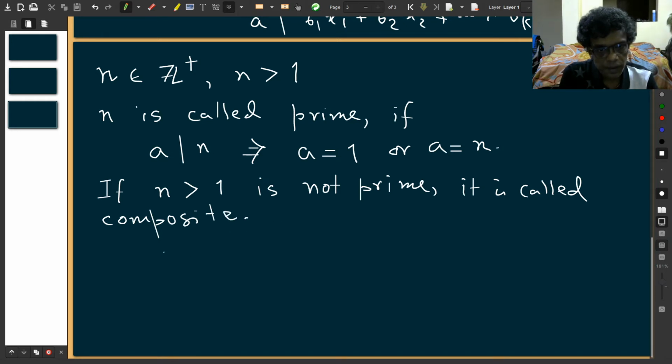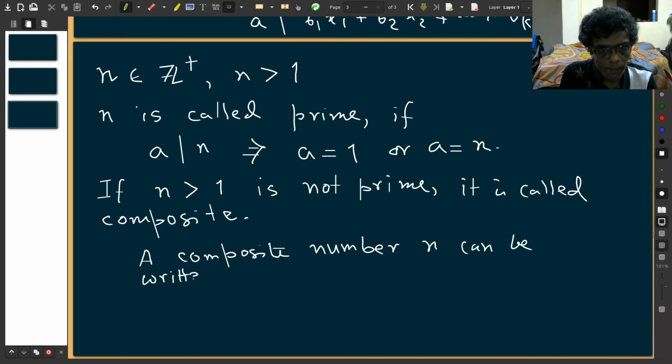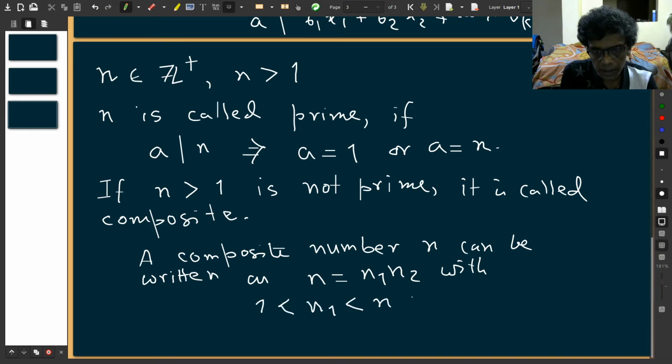So that means a composite number n can be written as n equal to n1 n2 with 1 less than n1 less than n and 1 less than n2 less than n. Right.